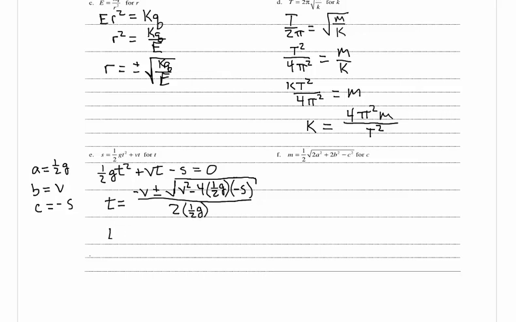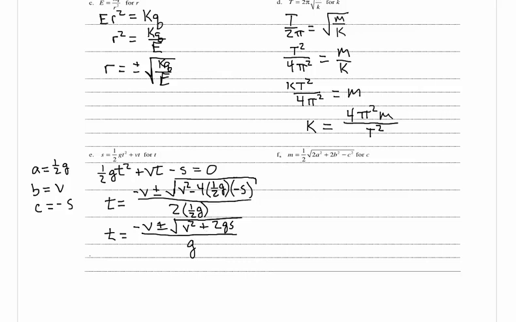And now we can simplify this, and we can say t is equal to negative v plus or minus the square root of v squared, and we have negative 4 times 1/2 g times negative s, so the two negatives are going to become a positive, and then we have 4 times 1/2 is 2, and then we have g s, divided by 2 times 1/2 g is equal to g. And here we used number 3 out of the box, or the quadratic formula.